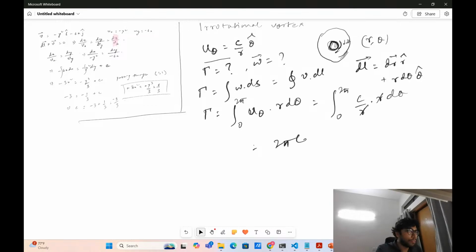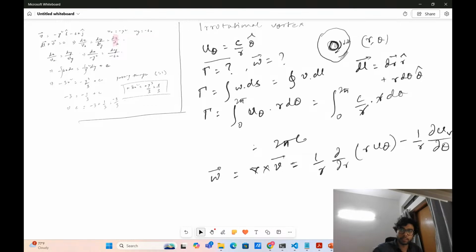Okay. Now, what will be the vorticity, omega? Omega equals del cross V, right? And curl in polar coordinates is given by 1 by r del by del r of r u theta minus 1 by r del u r by del theta.